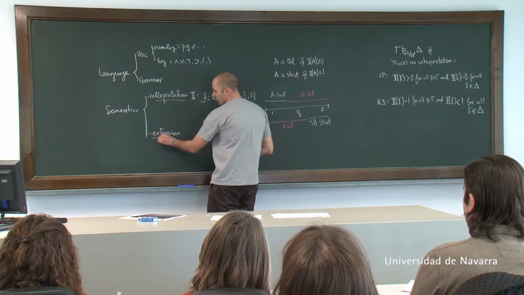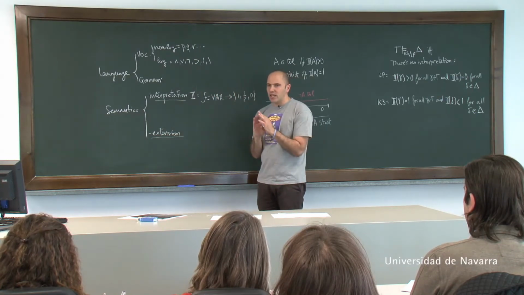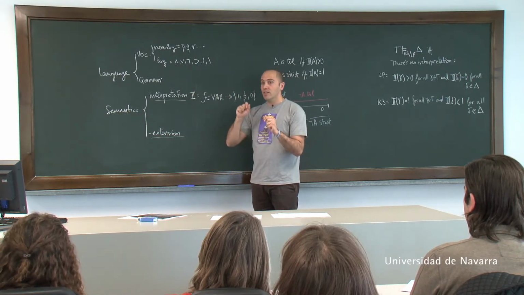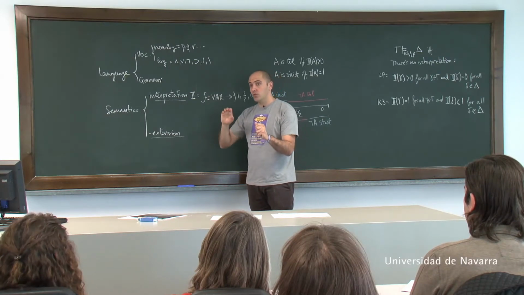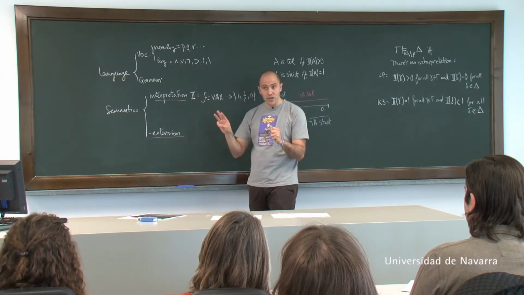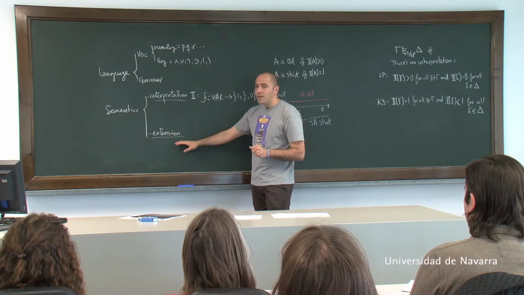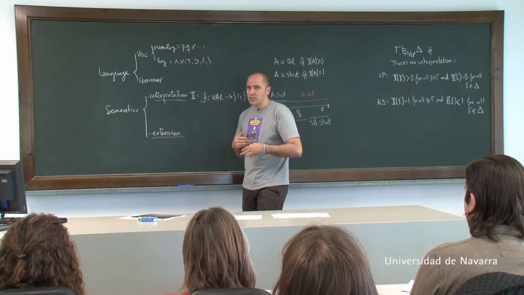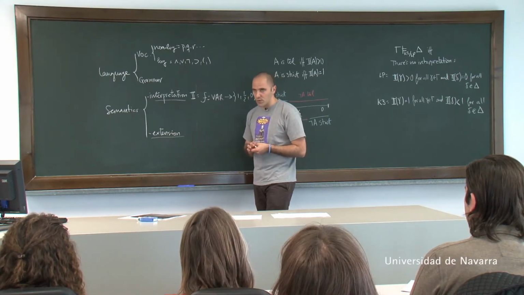Once we define an interpretation as a function going from the propositional variables to three truth values, we have to define how this interpretation extends to all the formulas of the language.